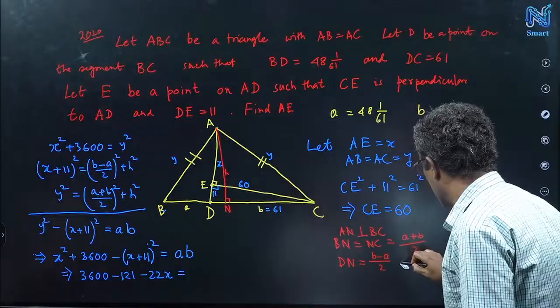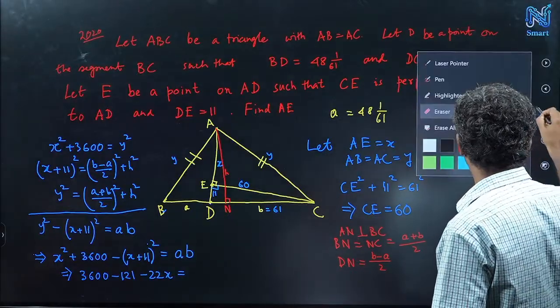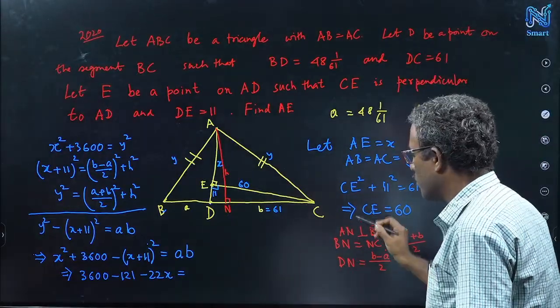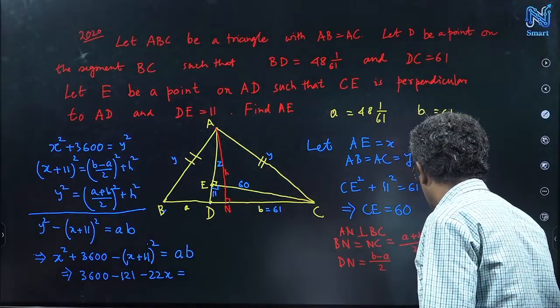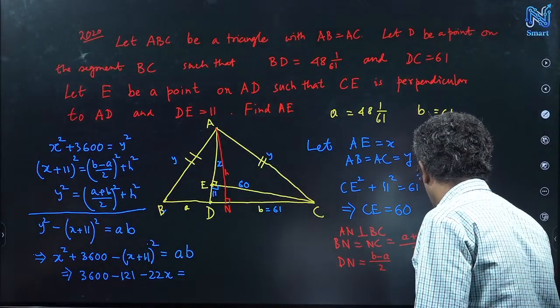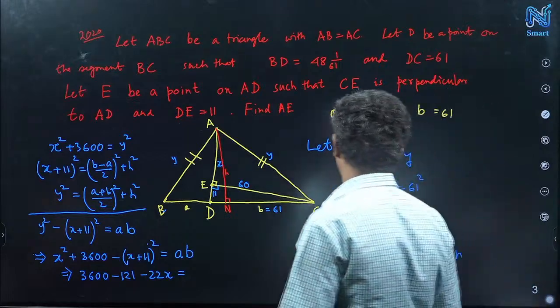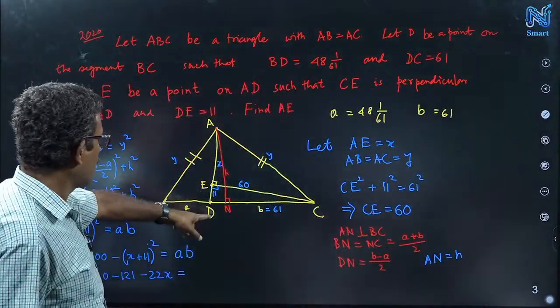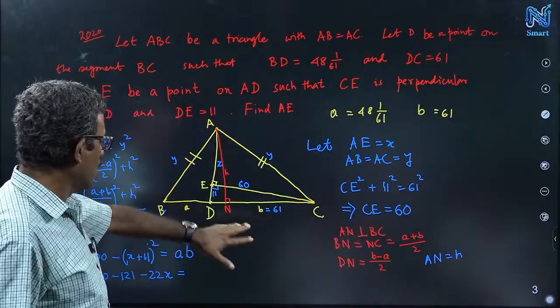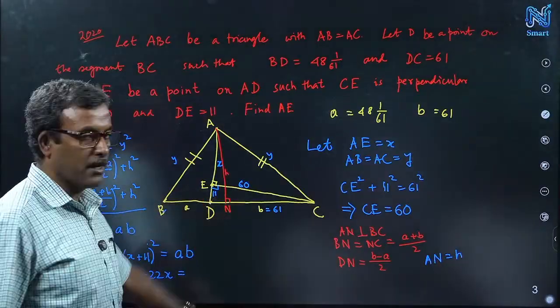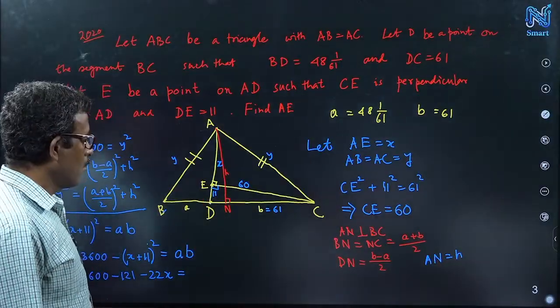Right, there is a mistake. This is not h. We took AN as h, and dropped the perpendicular from A, so AN is h, not DN. DN is b minus a by 2. Okay.